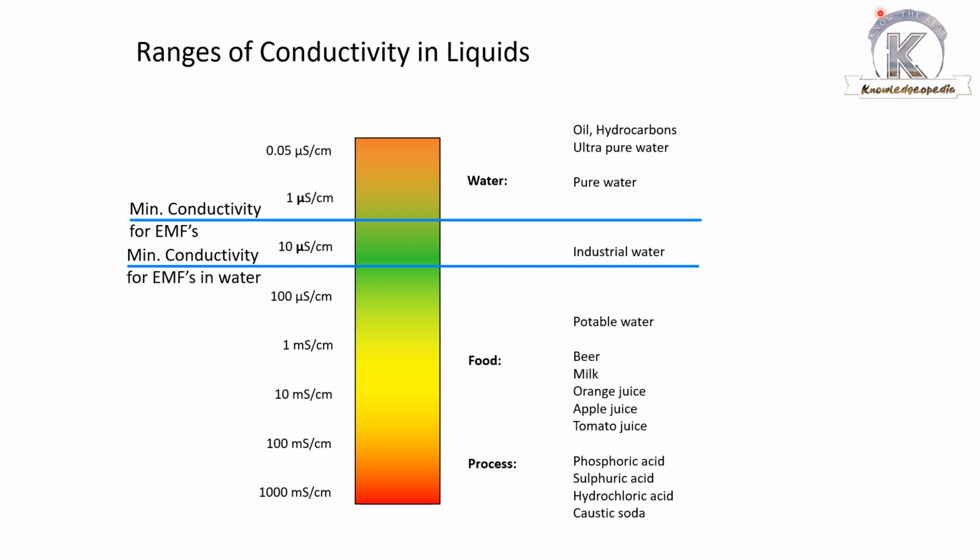As a physical limitation, the induction requires a minimum conductivity to be functional. For general purpose EMF, the limit is somewhere around 5 microsiemens per centimeter. Most manufacturers offer flow meters of electromagnetic technology from 5 microsiemens per centimeter.